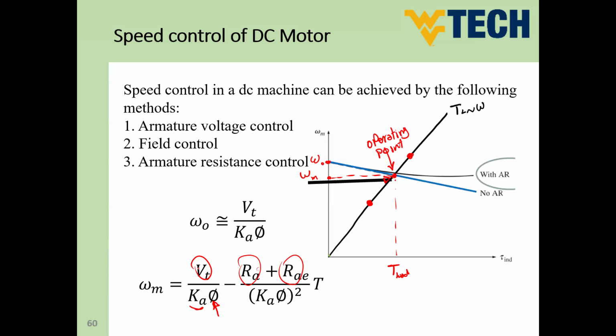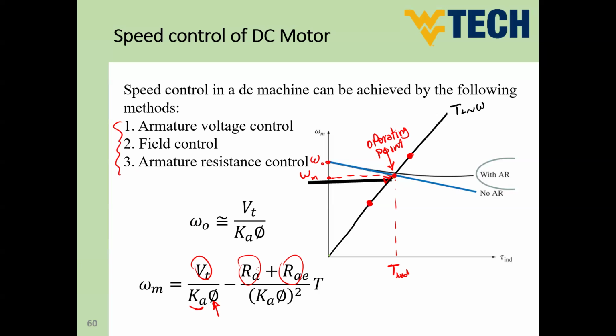We have V terminal, the armature voltage control. We have the added resistance, so the armature resistance control by the adjustable series resistance, and the flux or field control. So these are the three techniques that we can use in order to control our motor speed.